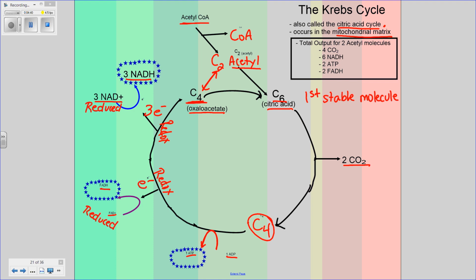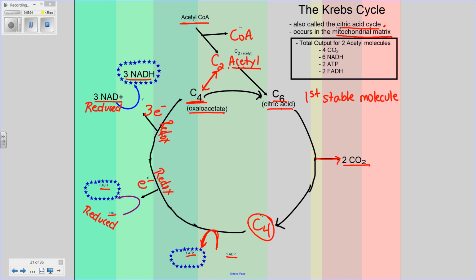So a quick recap. We take our acetyl-CoA, drop off the CoA, and now we're left with acetyl. We combine acetyl, which is a C2 molecule, with oxaloacetate, a C4 molecule. That gives us C6, citric acid. We're going to yank out a couple of CO2s, which leaves us with a different C4 molecule.